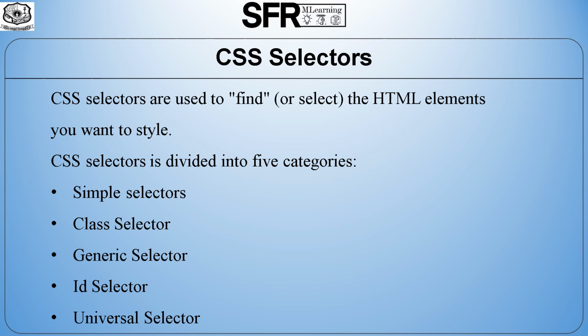Similarly, to style a particular tag in an HTML document which has lots of tags, we must first select that particular element. There are 5 categories of CSS selectors: simple selector, class selector, generic selector, ID selector, universal selector.